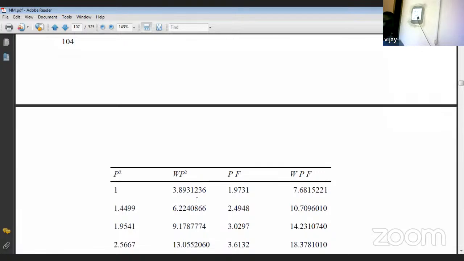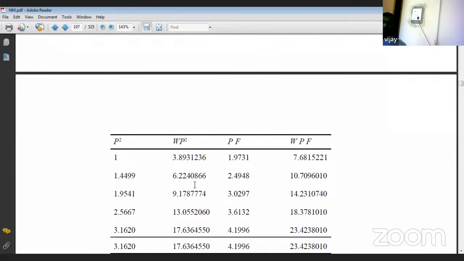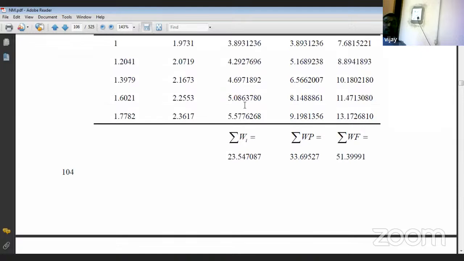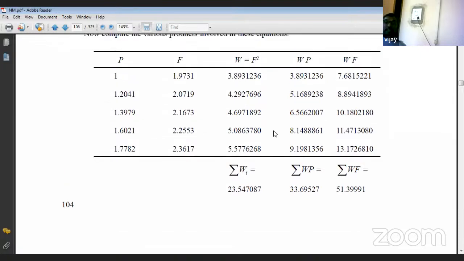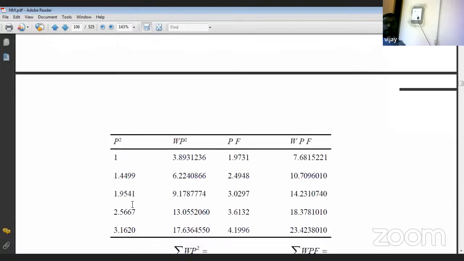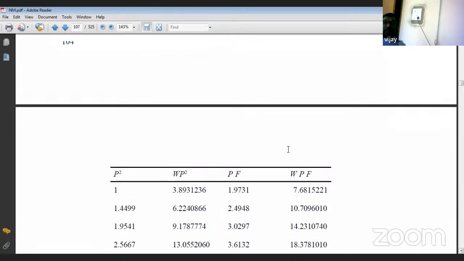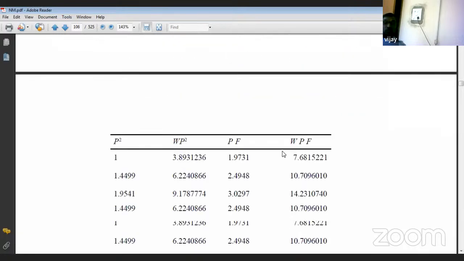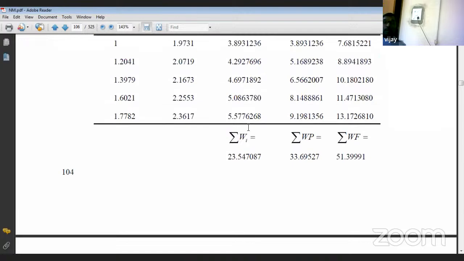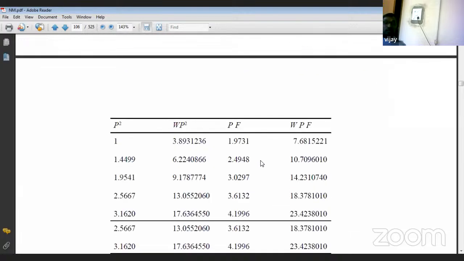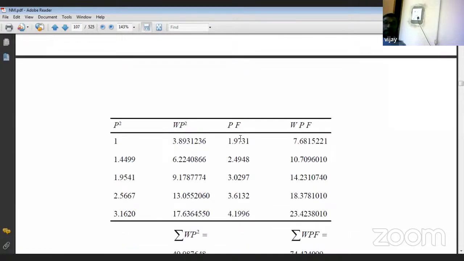So multiplying W by the P square value gives 6.2240866. And again the third one, 4.69711892 into 1.9541. 5.086378 into 2.5667. 5.5776268 into this one.